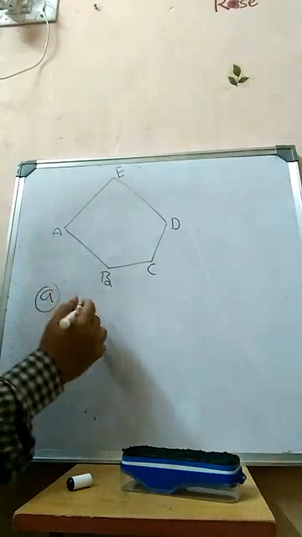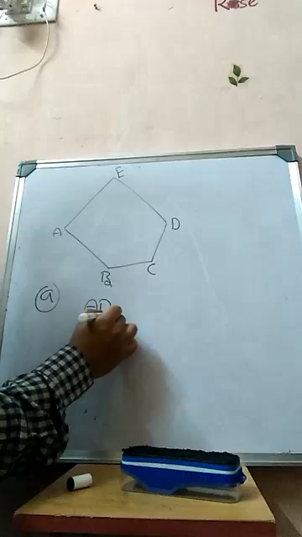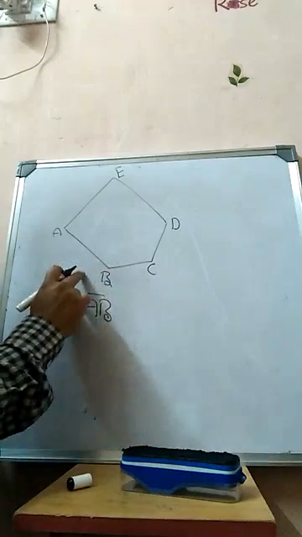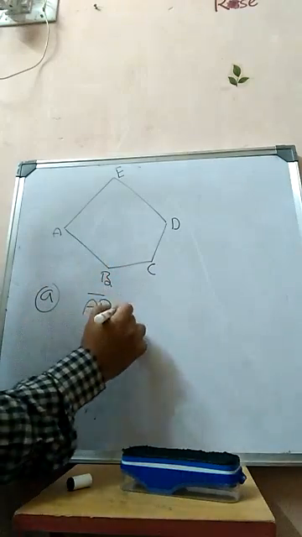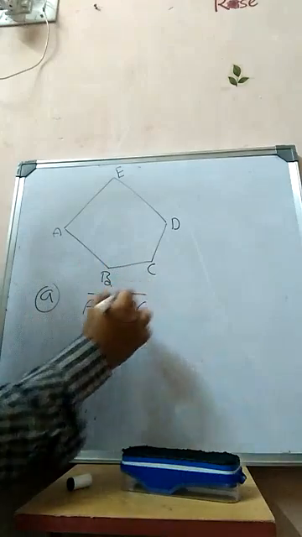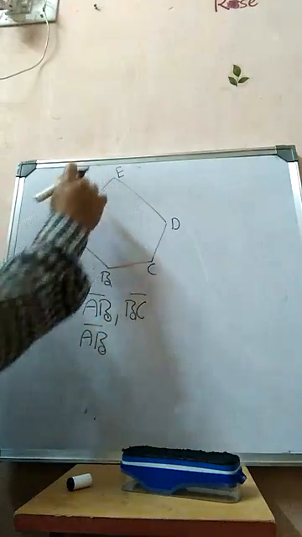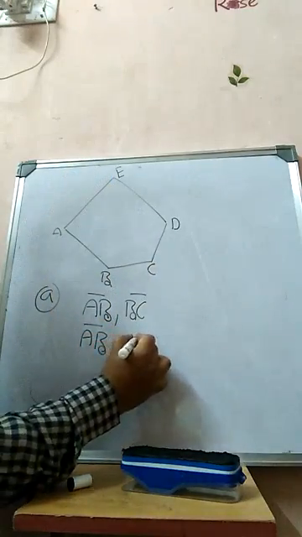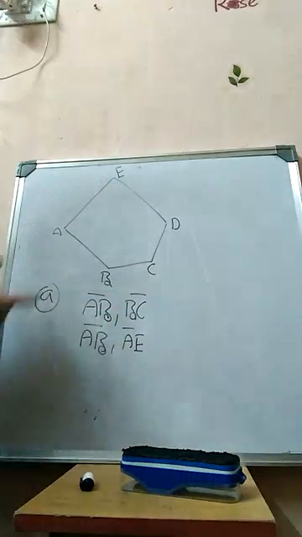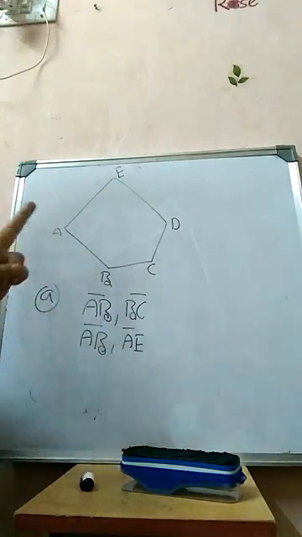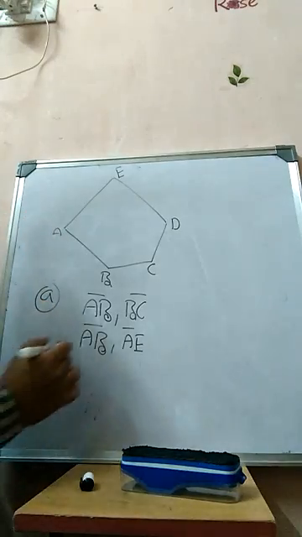First question, write all pairs of adjacent sides. Take AB. AB's adjacent side is BC, and one more, AE also. Pairs we have to write. That means each and every side has two adjacent sides.